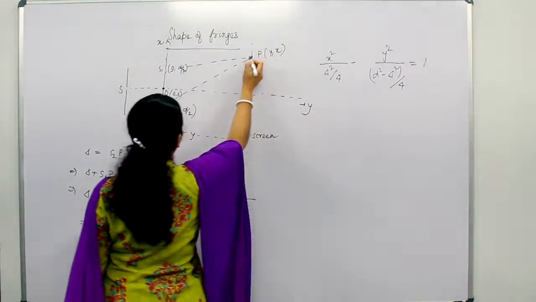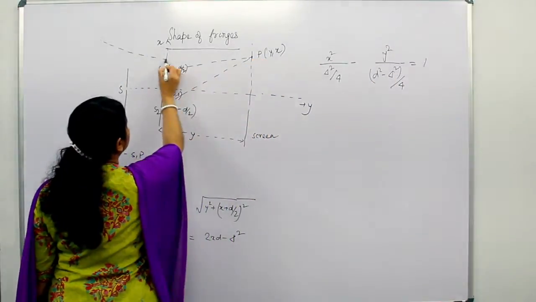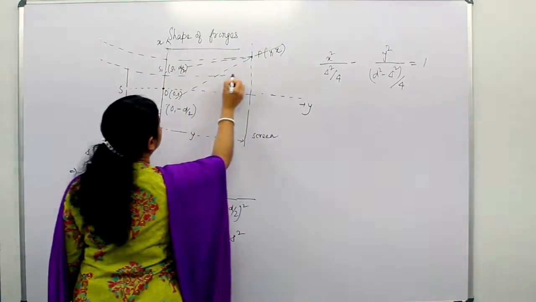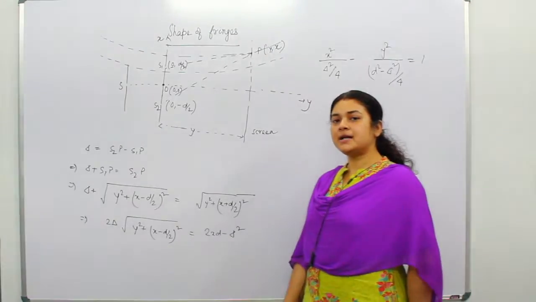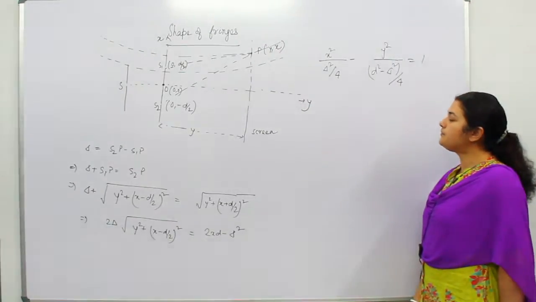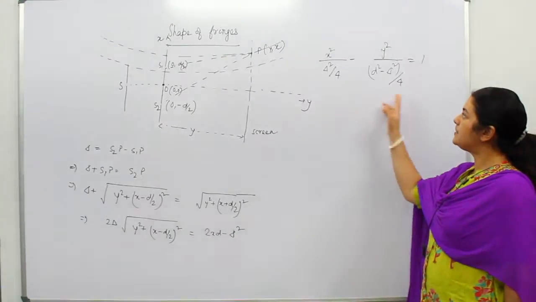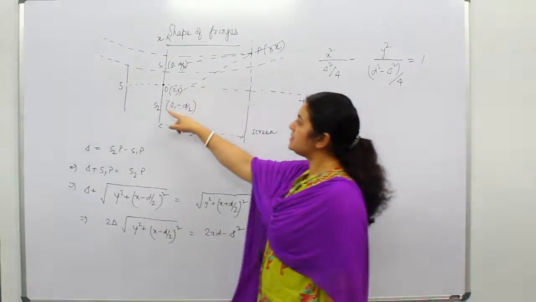So if we plot this, we will get these kinds of curves. Thus we see that the loci of points of constant phase differences represents hyperbolae with S1 and S2 as foci on the x-axis.